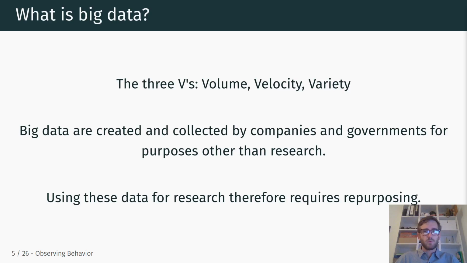And so given that big data are collected for other purposes than research, if we do want to leverage them to answer substantive social science questions, we need to repurpose these data, and that of course comes with certain advantages and certain disadvantages for us as social science researchers.